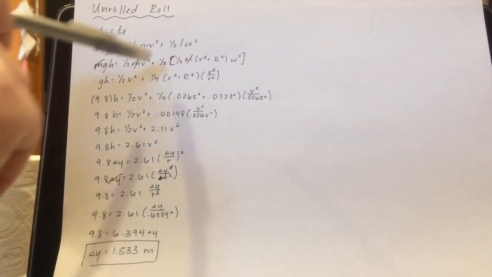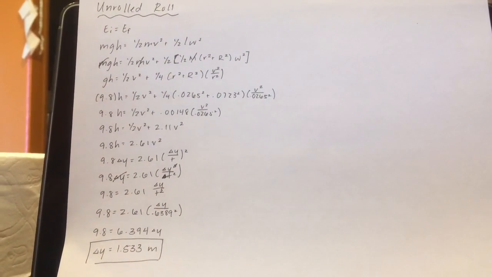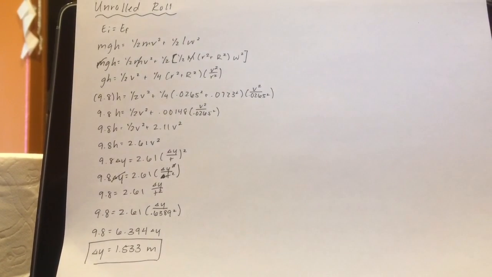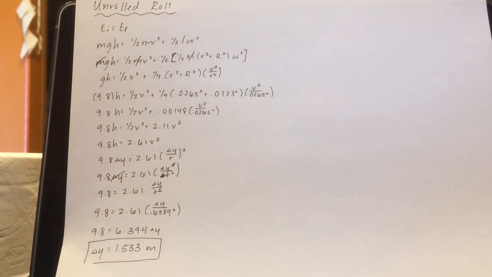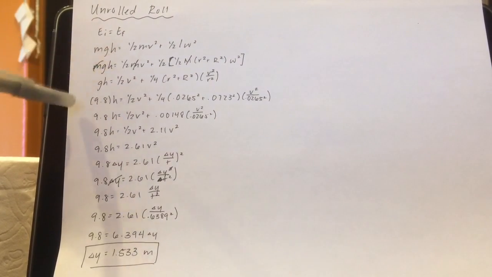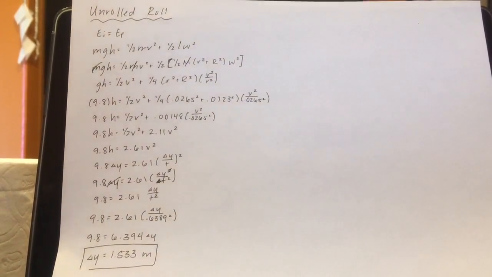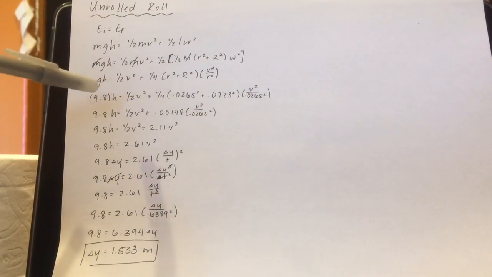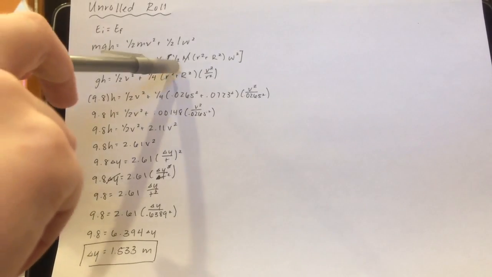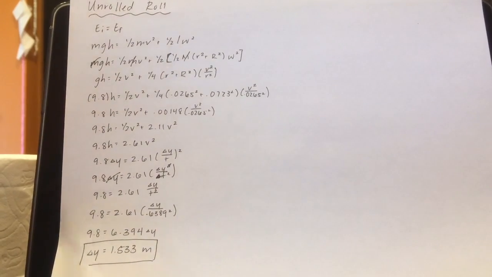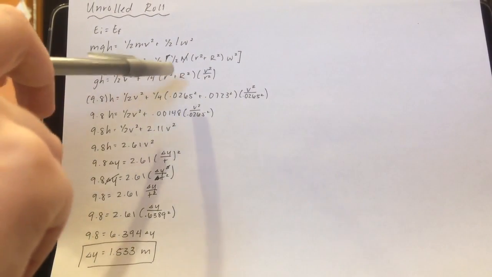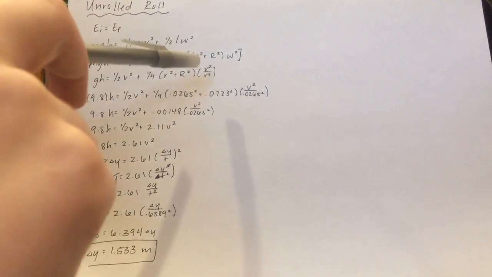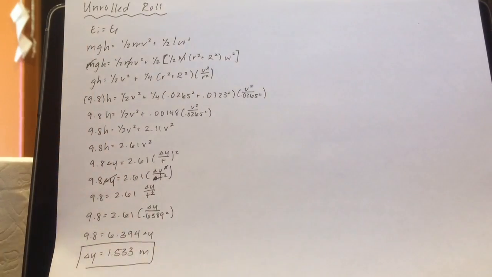We expanded moment of inertia into the equation that was given to us, which is 1/2 m times (small r squared plus big R squared), and we canceled out the m's because they were the same on both sides. That left us with gh equals 1/2 v squared plus 1/4, which is these two halves times each other, times (small r squared plus big R squared), times the omega that we expanded out into v squared over r squared.